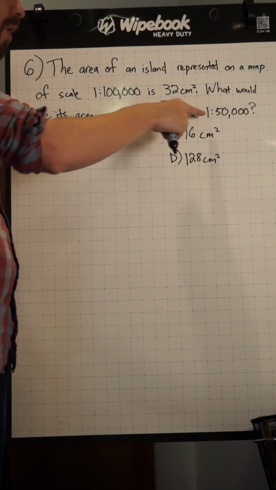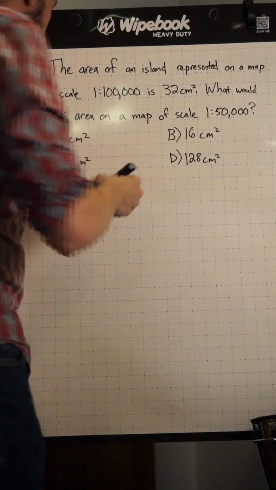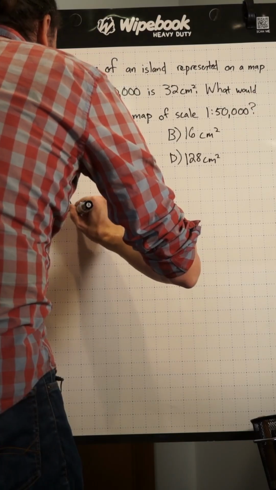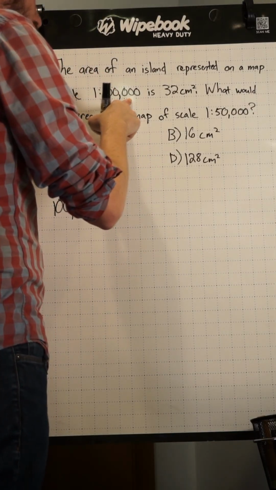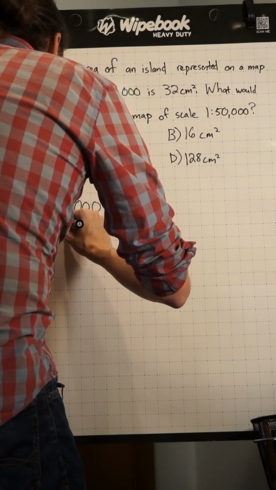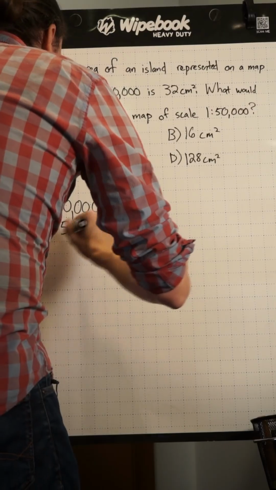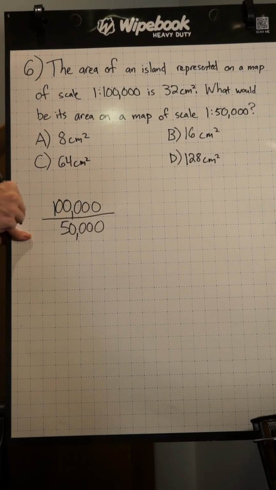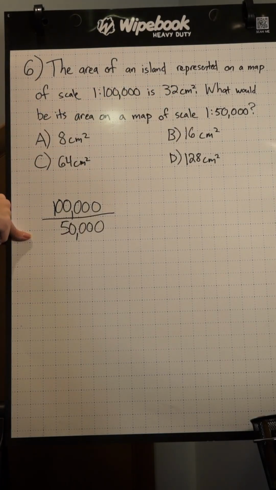Okay, so first let's look at the difference between these two. This will tell us by how much we need to multiply or divide. The first one is 1 to 100,000. The second one is 1 to 50,000. If we divide these two, this will tell us the ratio between them.